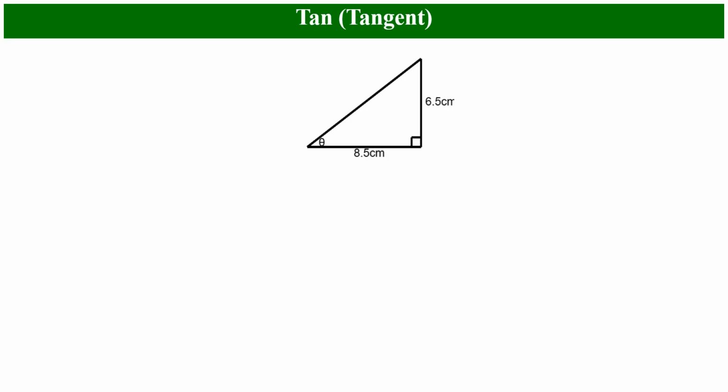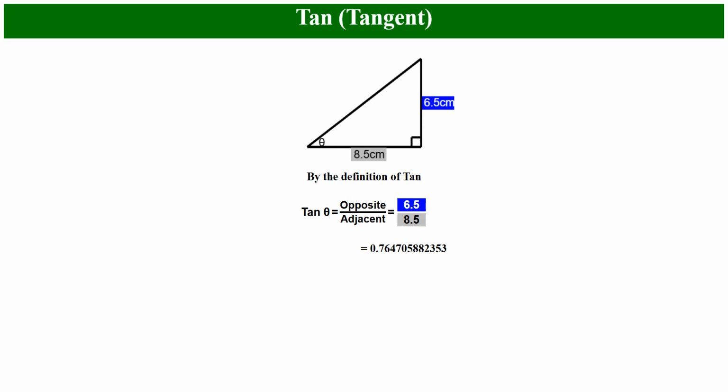And to do this, again, we'll start with the definition of tan. It is tan theta, it's opposite over adjacent, and in this case we know the two lengths, so it will be 6.5 over 8.5. Now we can do that division on a calculator and we end up with this 0.7647, etc.